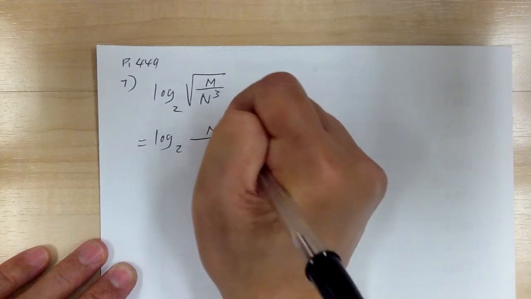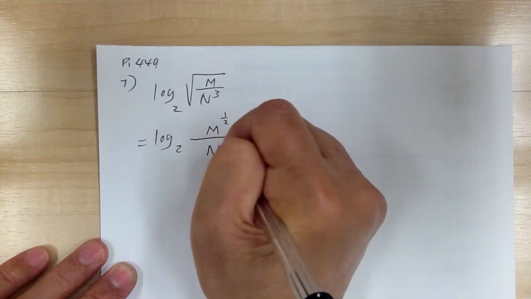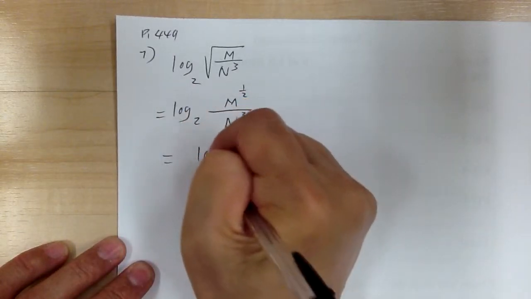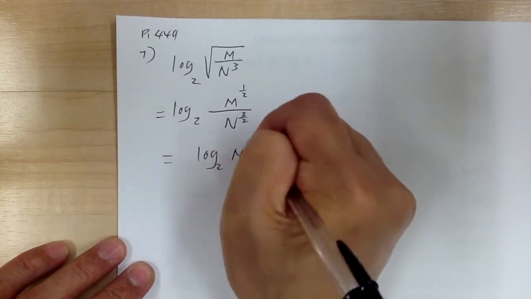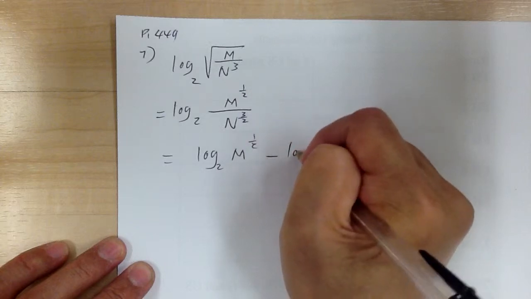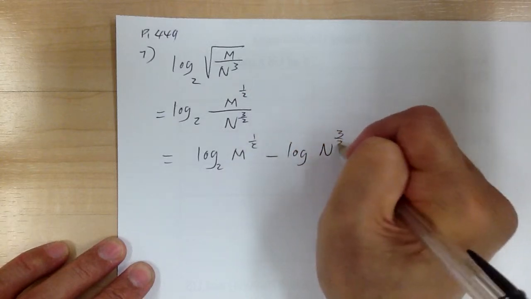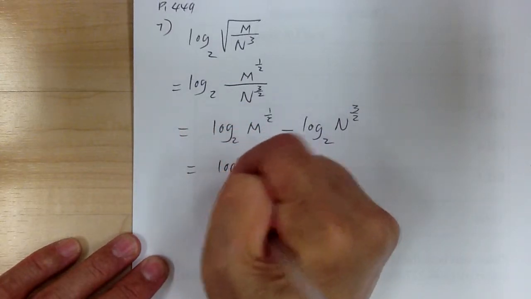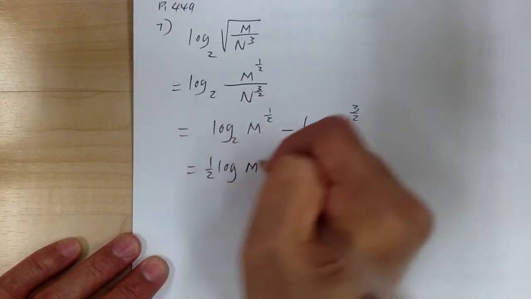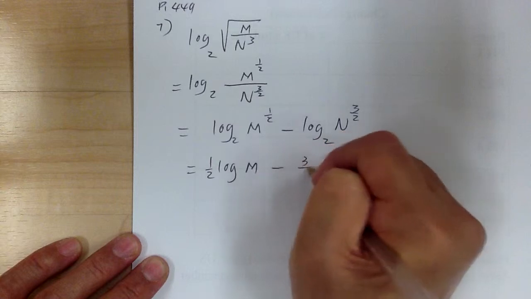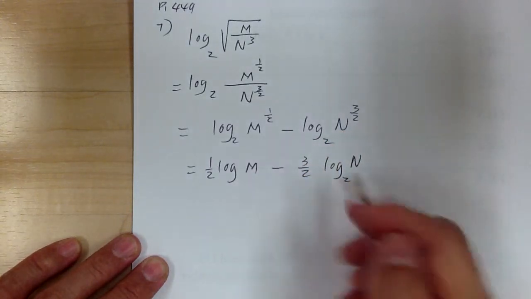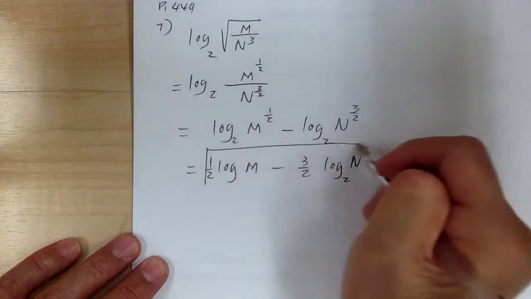So you got m to the 1/2 power, and you got n to the 3 over 2 power. Then after you're going to separate. So you got log of m to the 1/2 power minus log of n to the 3 over 2 power base 2. Then the exponent comes to the front. Okay, and that's it. Again, exponent comes to the front.